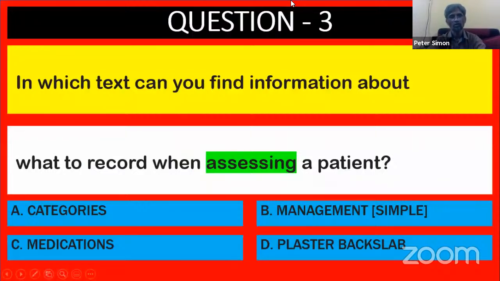Create poll, paste, quiz mode, A, B, C, and D. Third question.